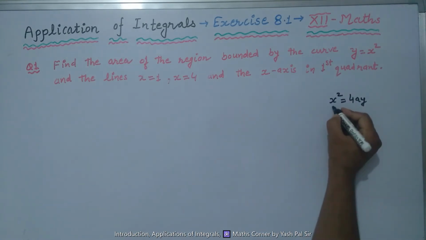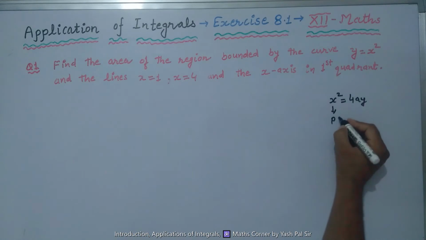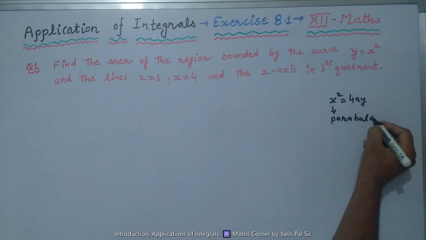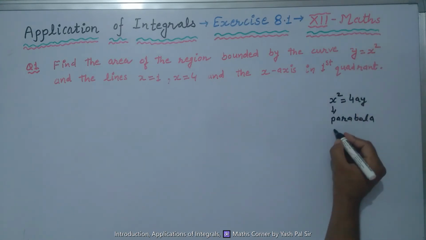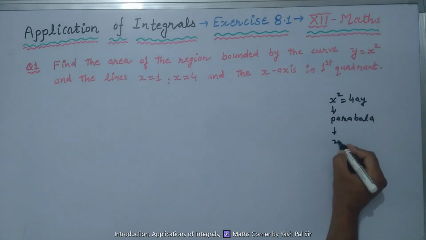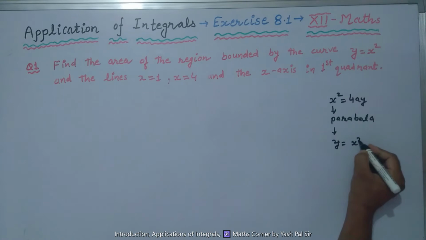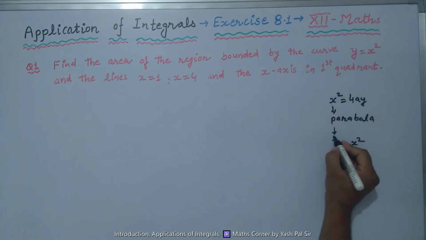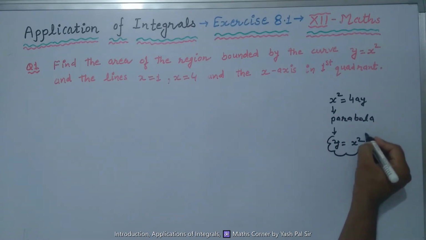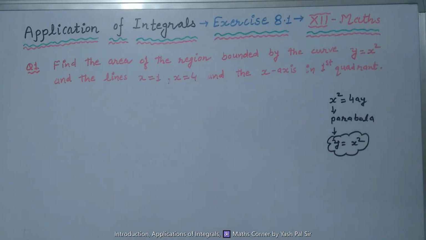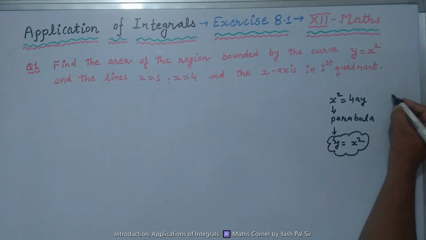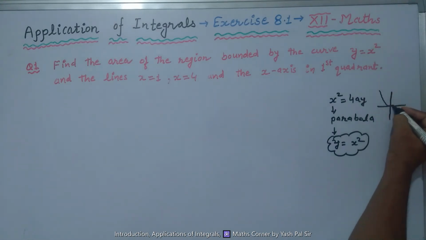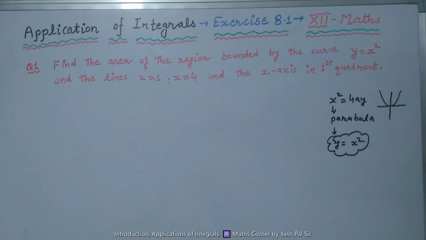This is the equation of a parabola. So the given equation is y is equal to x square, that is, x square is equal to 4ay. This is of the same form, so this is also a parabola. Which kind of parabola is this? This is called an upward parabola. Okay, this is the rough sketch.